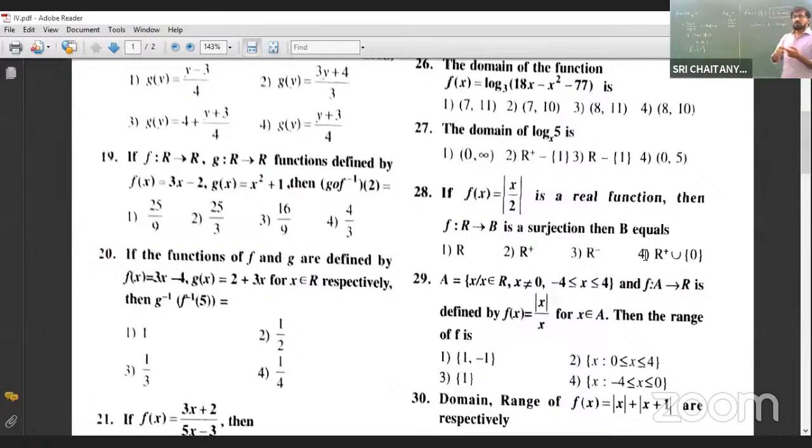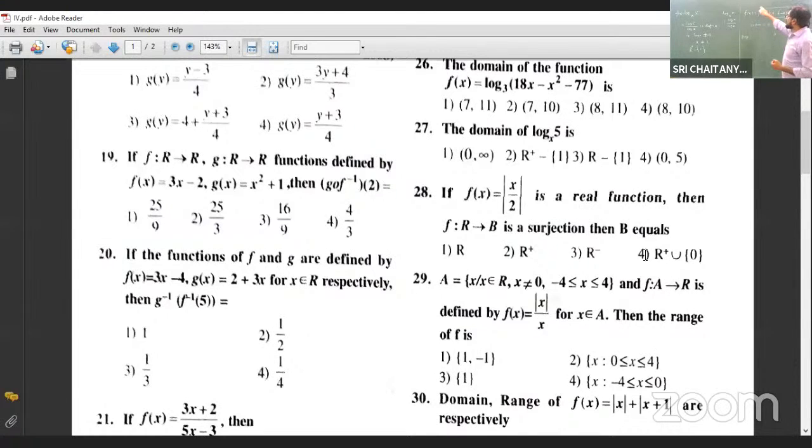Observe. If I substitute x equals 0, I am going to get 0 by 2 under mod. It is 0. If I substitute any negative number, say minus 1, under mod minus 1 by 2, it is 1 by 2, a positive real number.